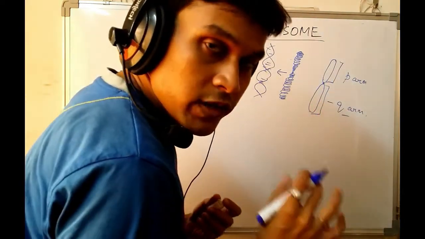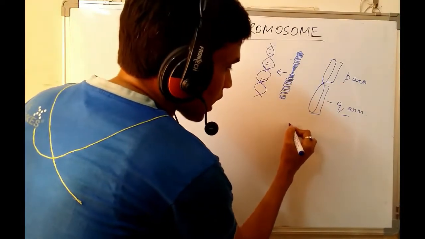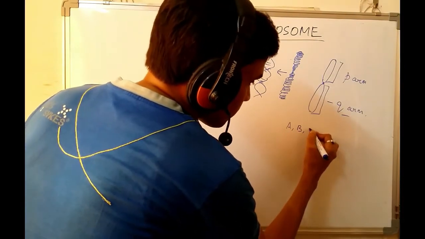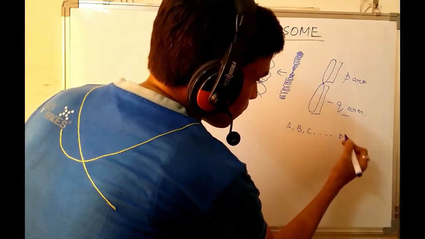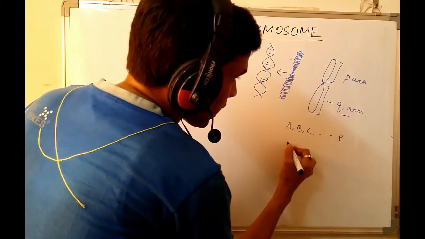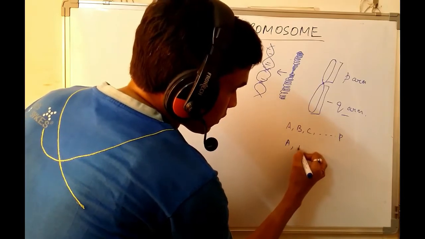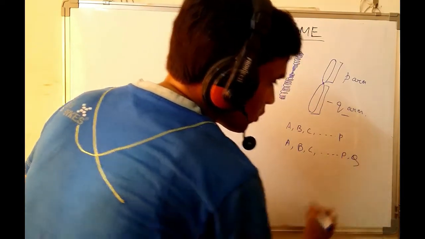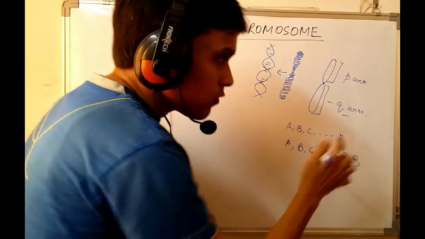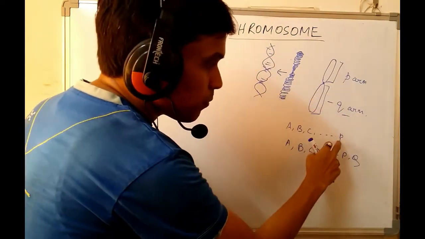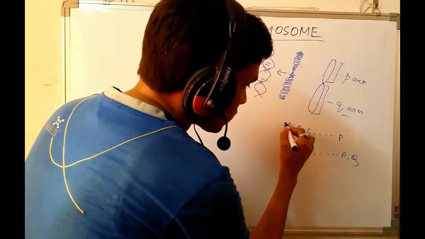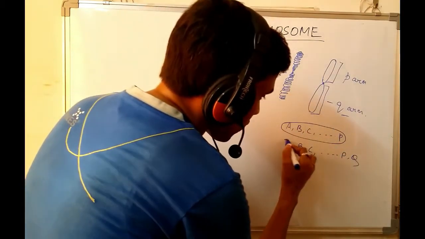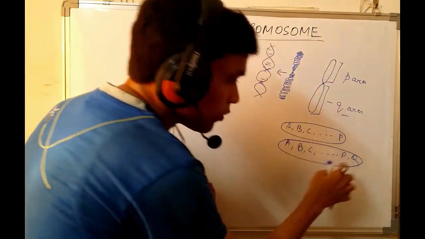The easiest way to remember this: just write the alphabets from A to P. A, B, C up to P. Now again write A to Q. I am including another alphabet, Q, and this one is P. Now just draw a length including these alphabets and draw another length including Q also.